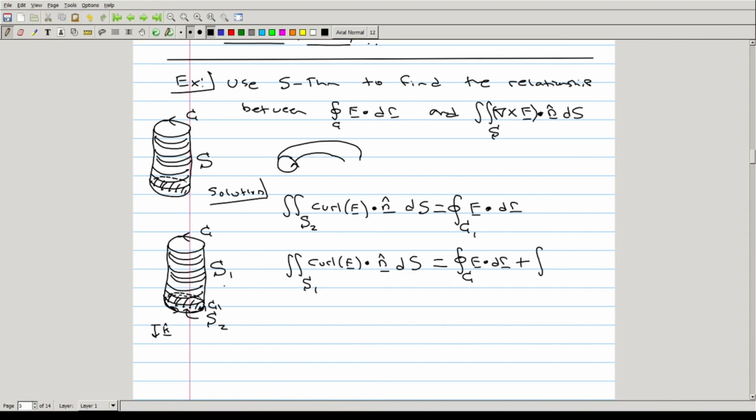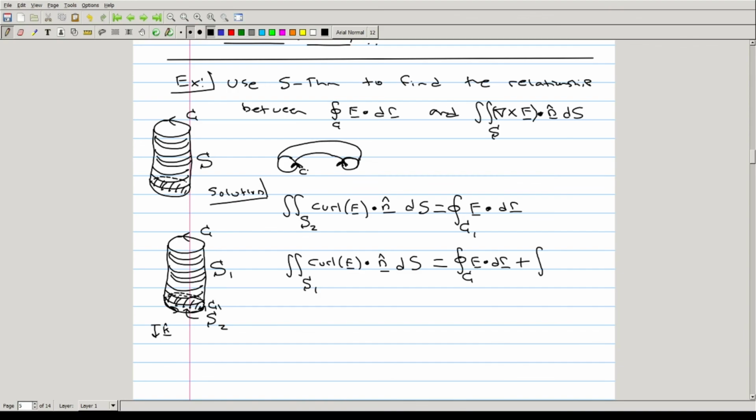If C is going around counterclockwise, and we also said that C1 is going around counterclockwise, then they're going to be going around in opposite directions, which is not consistent orientation.